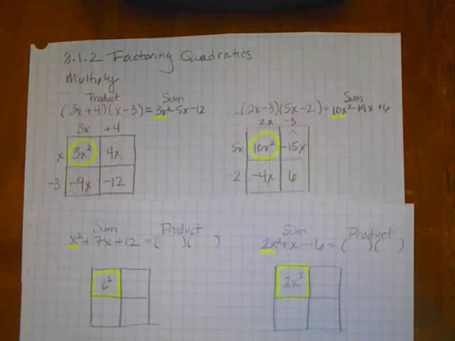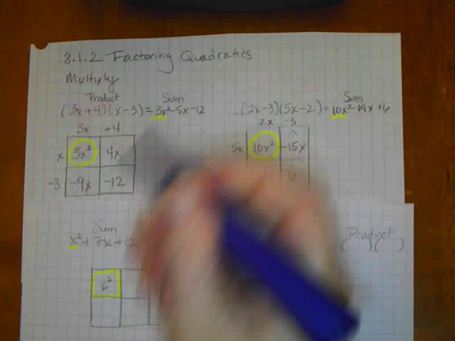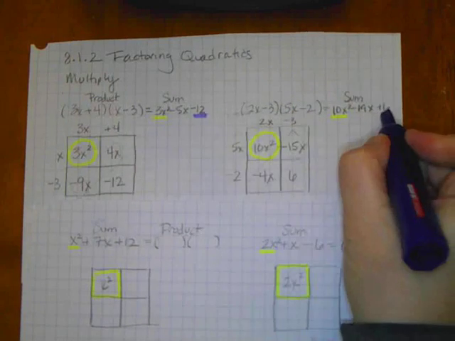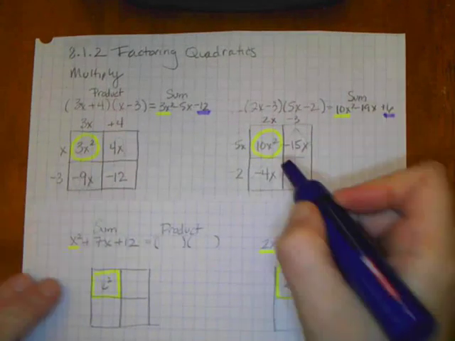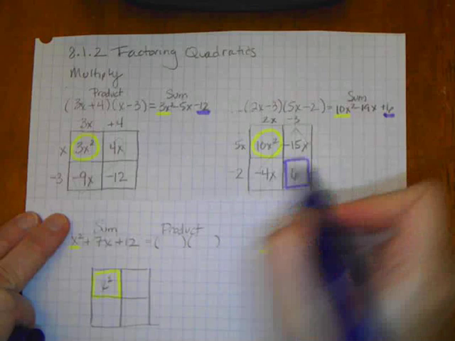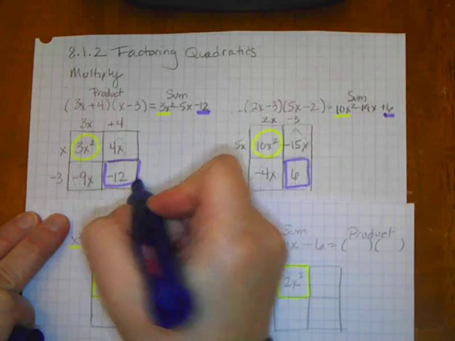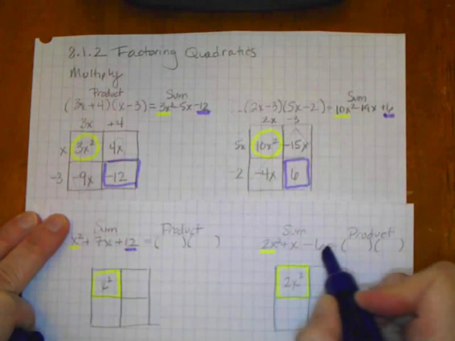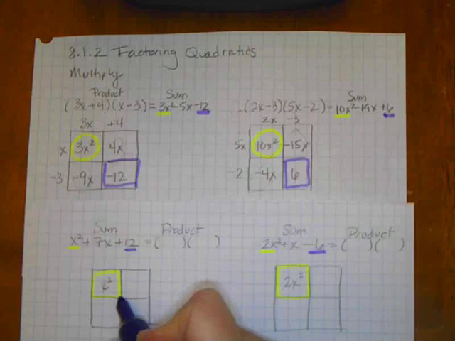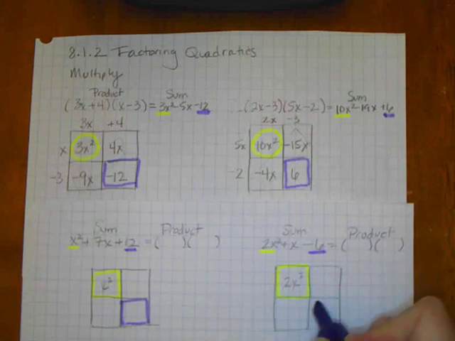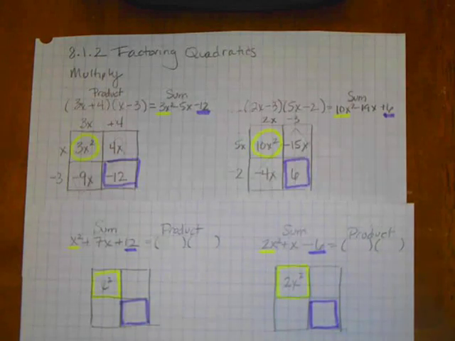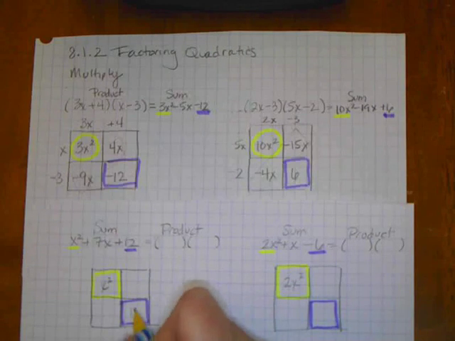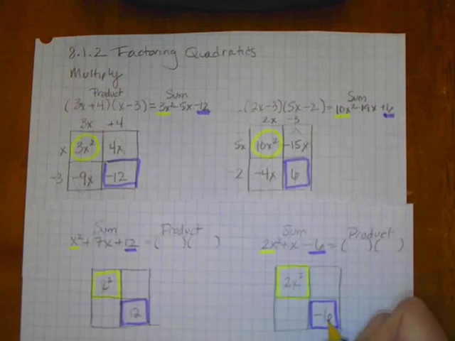What you might also notice is that this constant is in this bottom right box. So if I were setting these up, I know those would go in my bottom right box. So here I would have this positive 12 and here I would have this negative 6.